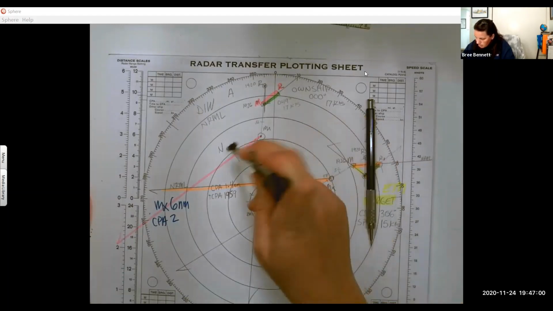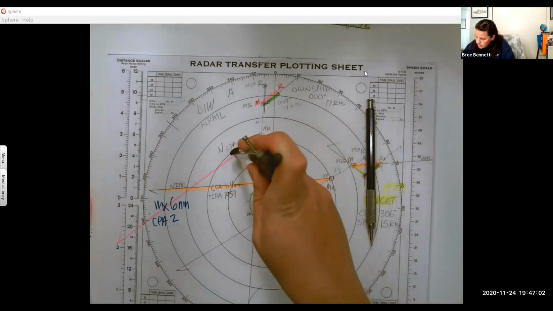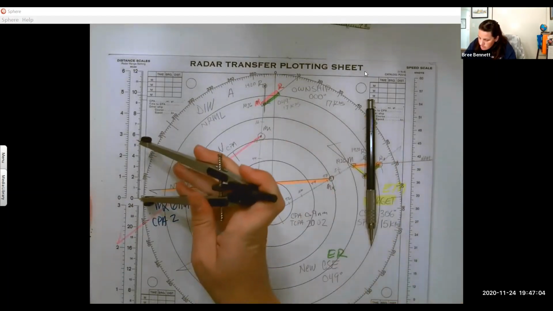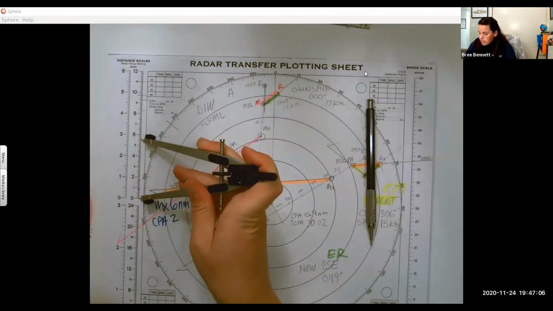I did this with a marker, so it will be give or take here. 5.6.